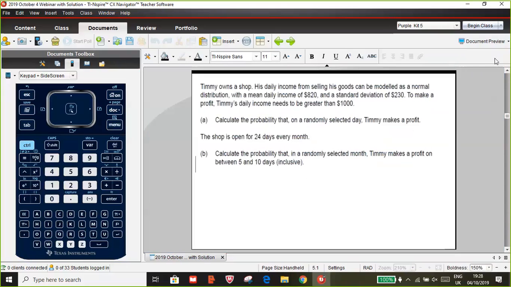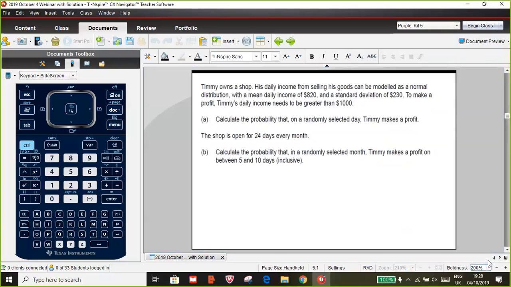Hopefully this is better now. You can see the screen. Let me increase the boldness. I'm trying my best. Okay, let's go on to the next page.